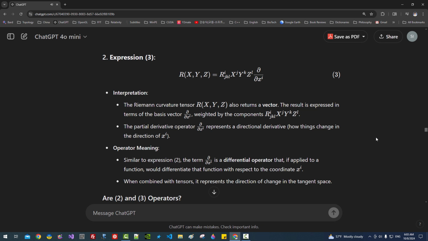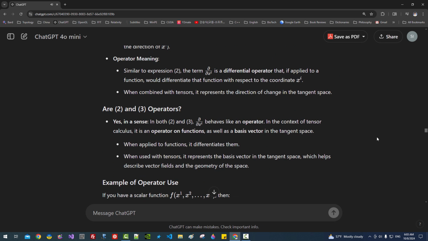The partial derivative operator ∂/∂x^i represents a directional derivative, how things change in the direction of x^i. Operator meaning: similar to expression 2, the term ∂/∂x^i is a differential operator that, if applied to a function, would differentiate that function with respect to the coordinate x^i. When combined with tensors, it represents the direction of change in the tangent space.